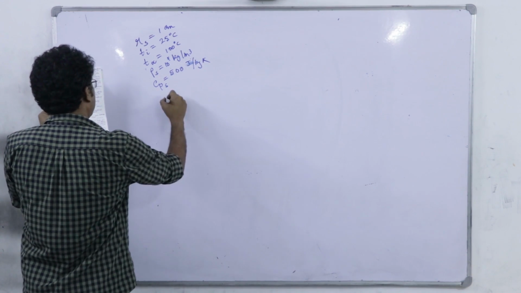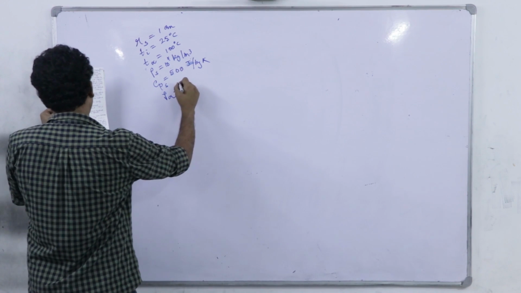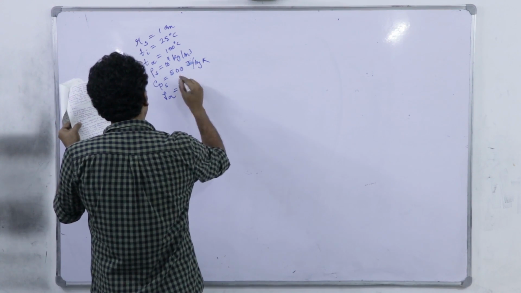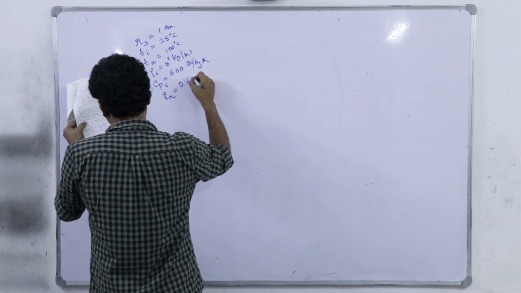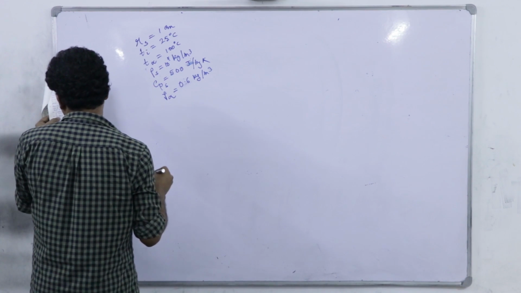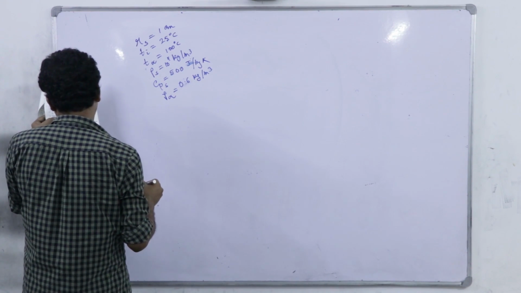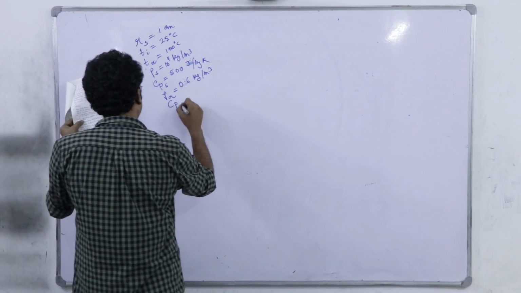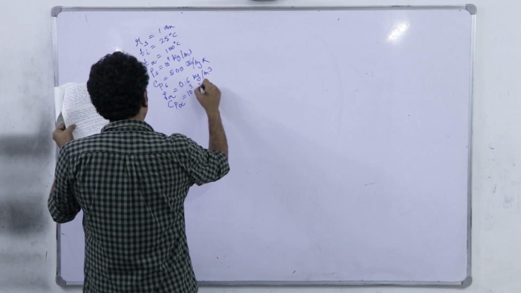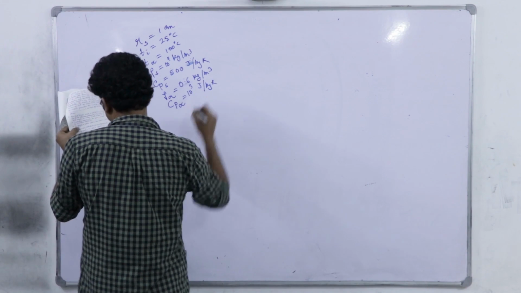The density of the gas, rho infinity, is 0.6 kg per meter cube, right? And the gas specific heat capacity Cp infinity is 10 to the power 3 joule per kg Kelvin.